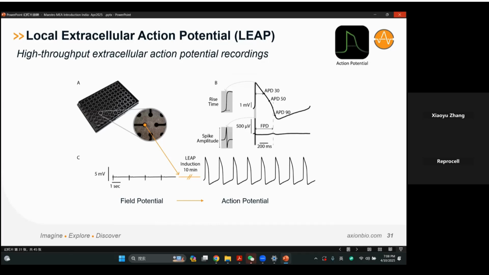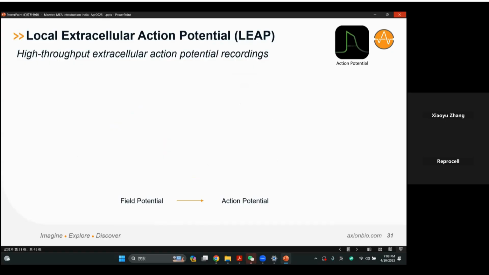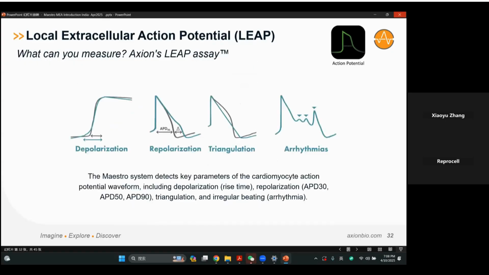Sometimes we just call it action potential on MEA. And the key parameters of the LEAP that we can provide include the depolarization, the rise time, and the repolarization, such as APD 30, 50, and 90, triangulation, and irregular beating or arrhythmia.